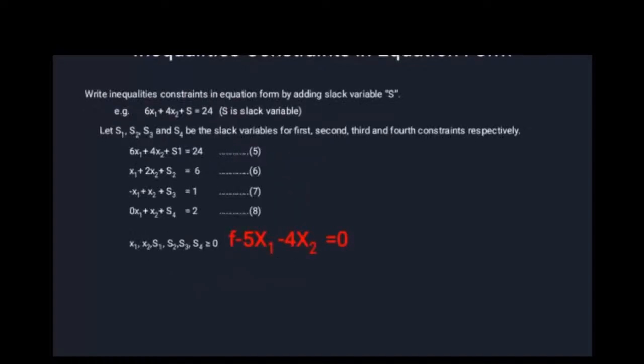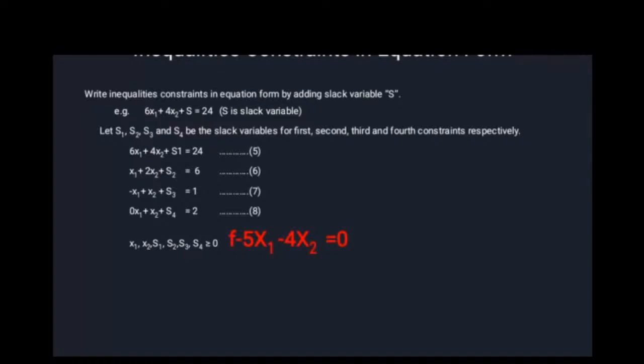Step number 2 is writing the inequality constraints in equation form. So we have to write the inequalities in equation form by adding slack variables. We are choosing slack variables in this case because these equations are less than or equal to. As an example in this slide, 6x1 plus 4x2 plus s equal to 24. S in this equation is a slack variable.